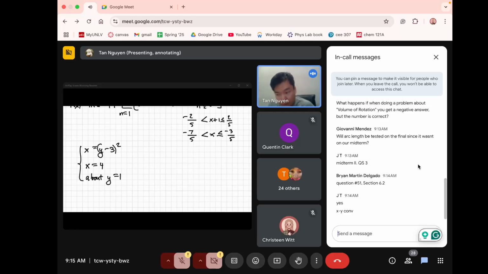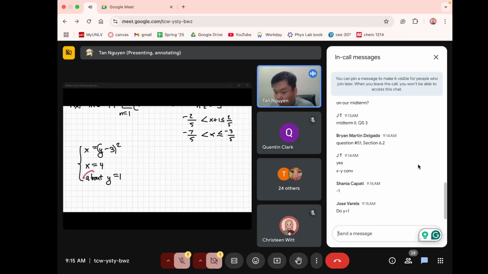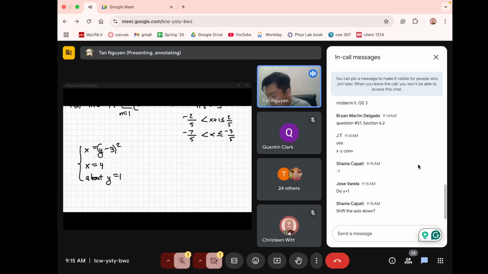No, even before that, we don't check for x,y or y,x convenience yet. Go back to your notes, please. If you're not rotating about the x or y axis, which you are not in this case, yes, you have to replace y by y plus 1 first. So replace y by y plus 1.